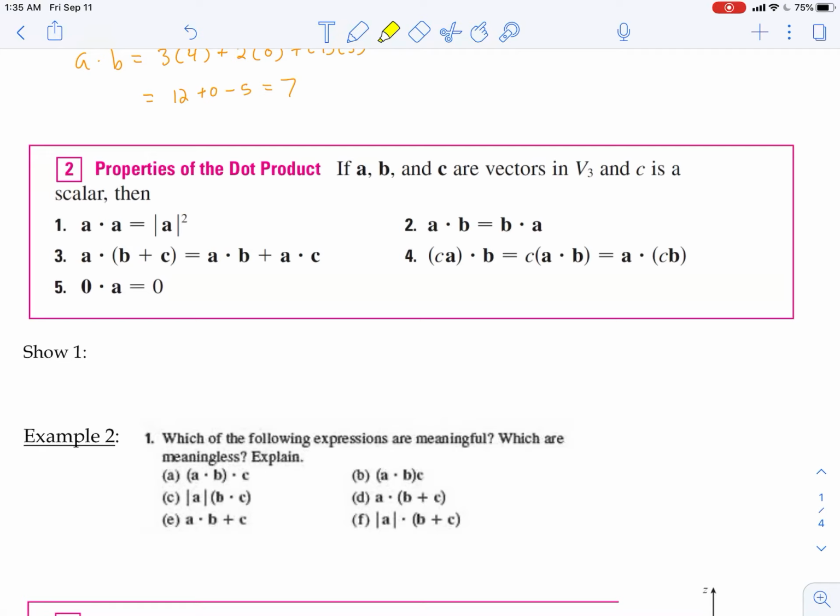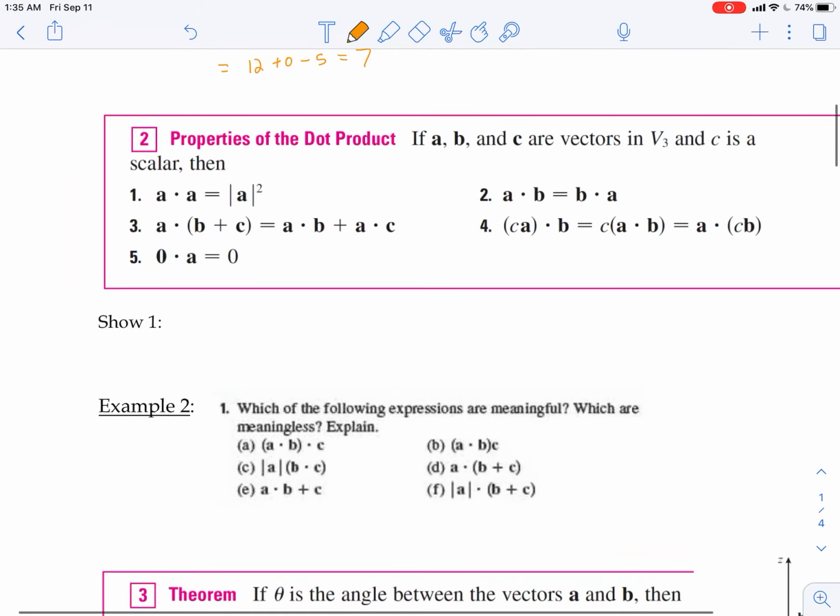Now I'm going to show you how to write out the proof of the first property. If you notice, it's bold A, so they're vectors. I have the same vector, and I'm doing the dot product with itself. Say A is the vector A sub 1, A sub 2, A sub 3.